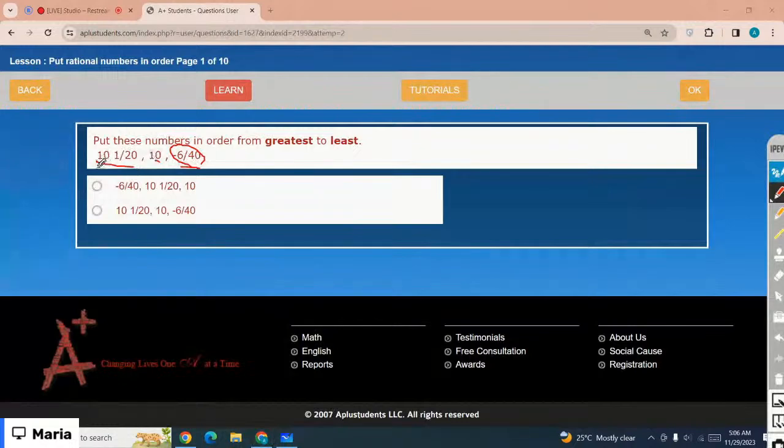Now look at 10 and 10 whole 1 over 20. This is a complete 10. This is more than 10, 10 whole 1 over 20. That means this is the greatest one. Then you have 10, and the least one is the negative number, negative 6 over 40. So the second option is the correct one: 10 whole 1 over 20, 10 and negative 6 over 40.